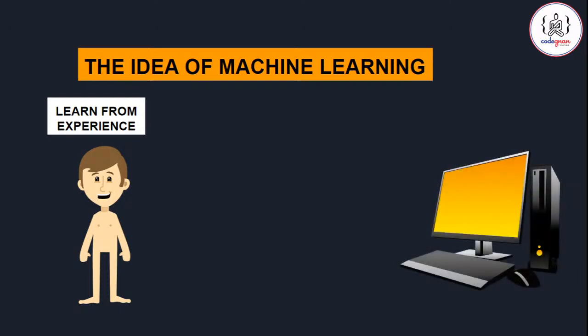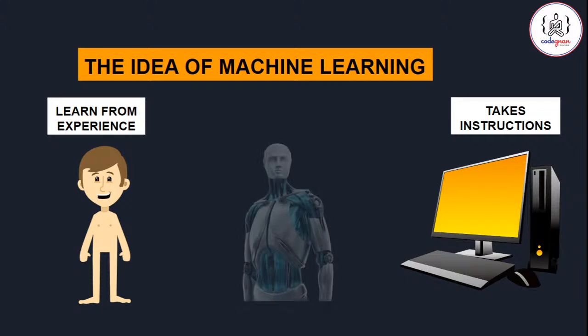Now then there are computers. These computers take instruction from humans, right? Like if I tell this computer to open a file, it is going to open a file for me. If I tell this computer to play a video, only then it is going to play the video. So it is taking this instruction and then performing some task, right?